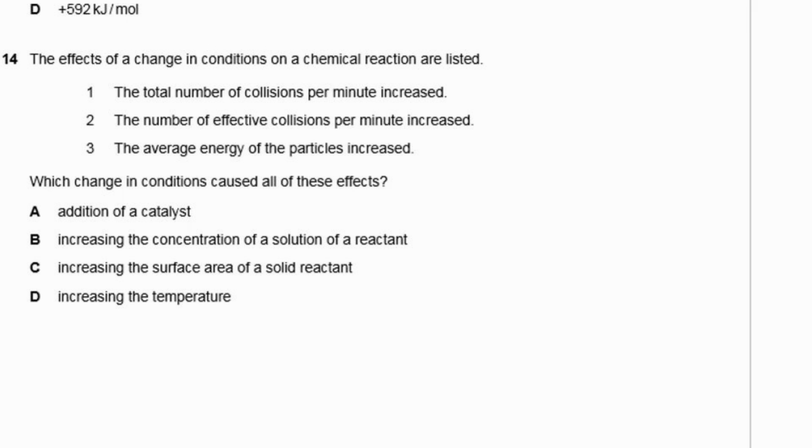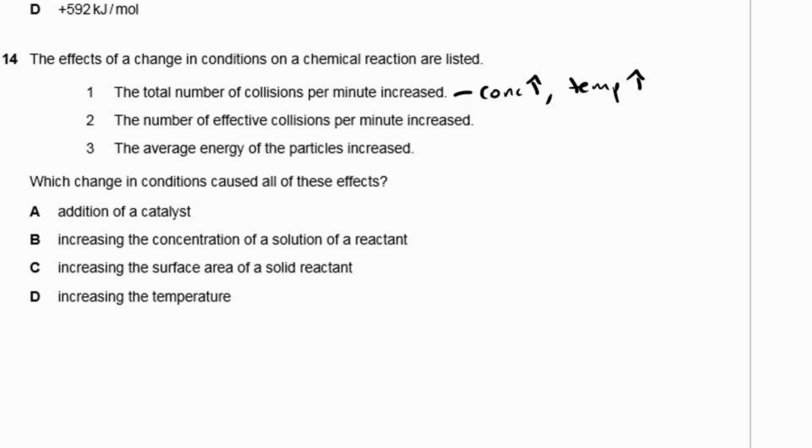Question 14. The effects of a change in conditions on a chemical reaction are listed. So we have the total number of collisions per minute are increased. Okay, that can happen in a few ways. That could be the concentration has increased. It could mean that there is a temperature increase. It's unlikely to be addition of a catalyst.